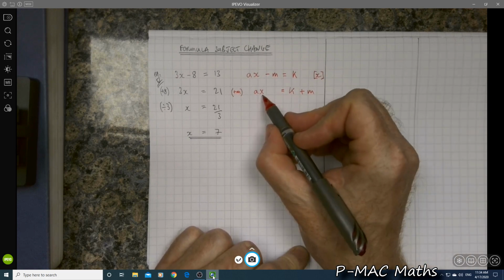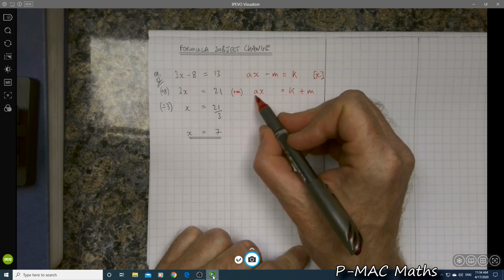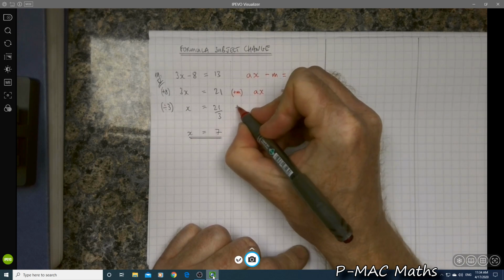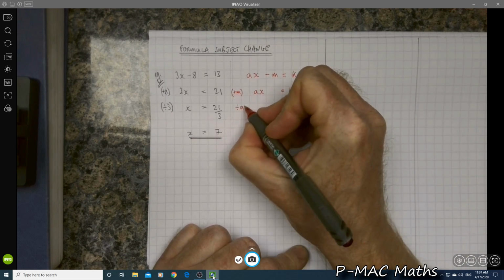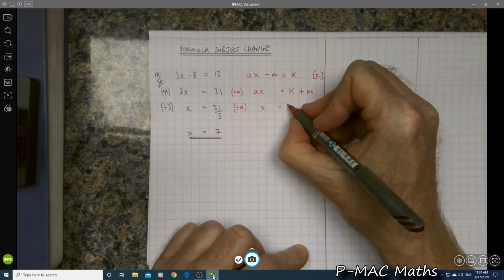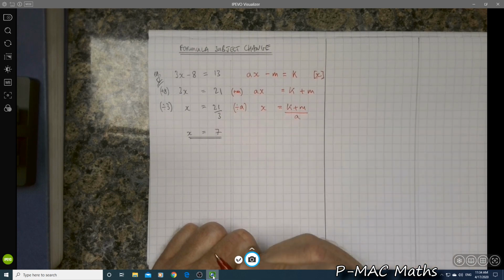Finally, I want x on its own, and x is currently being multiplied by a. When a letter is written adjacent to another letter like that with nothing between them, it means they're multiplying. So I will divide both sides of my equation by a. x equals k plus m all over a.